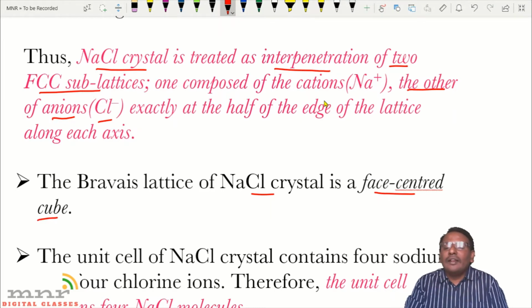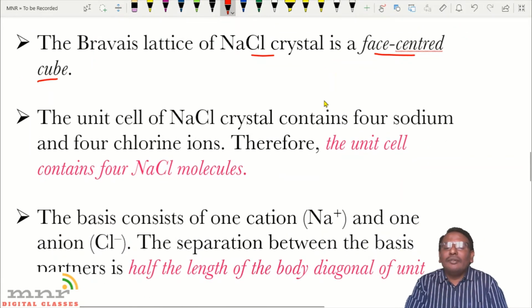If we take NaCl as a single unit, then we get a structure equivalent to simple cubic, but that does not match the experimental results. So we treat NaCl as the interpenetration of two FCC sublattices. Therefore, the Bravais lattice of NaCl crystal is face-centered cubic.